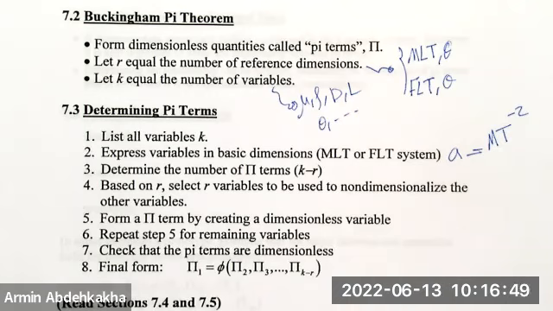One of your friends asked me what the Buckingham pi theorem is, right? This is the Buckingham pi theorem that I'm talking about. That loop that we are doing is the Buckingham pi theorem. That's why I'm just reviewing that. We will talk about it in detail next class.